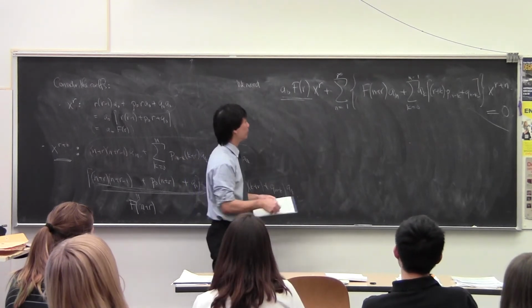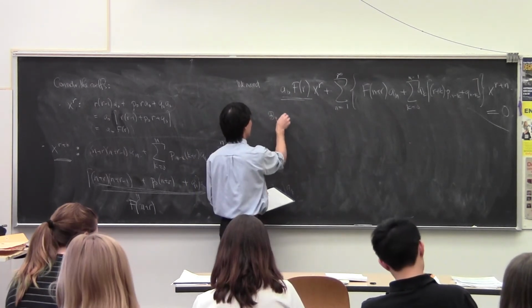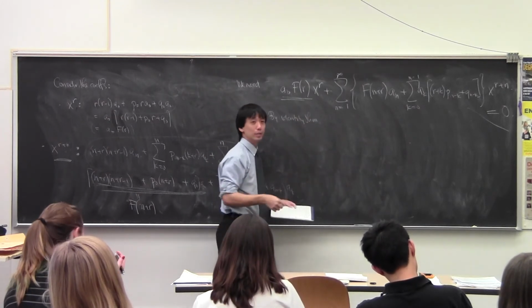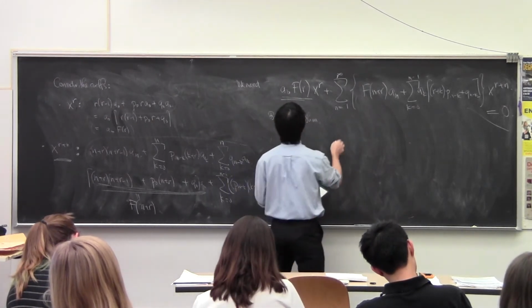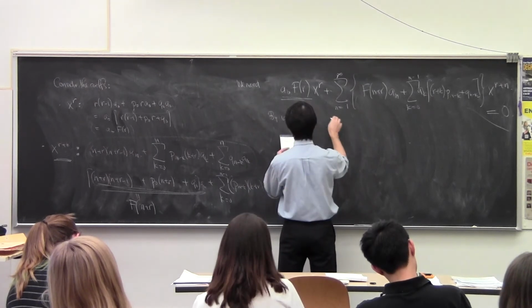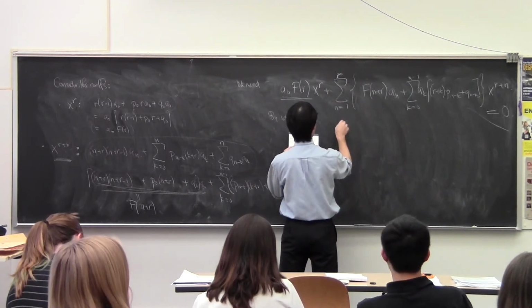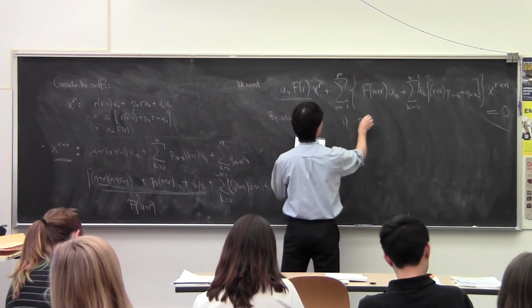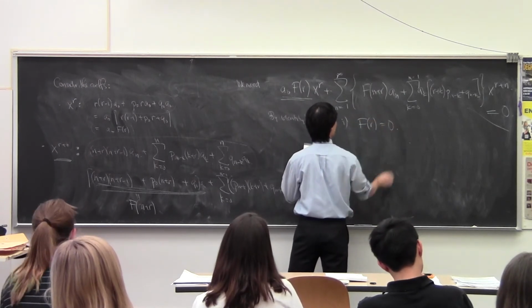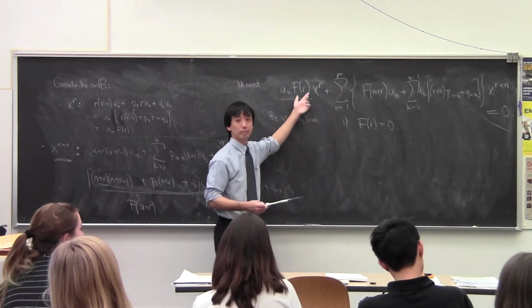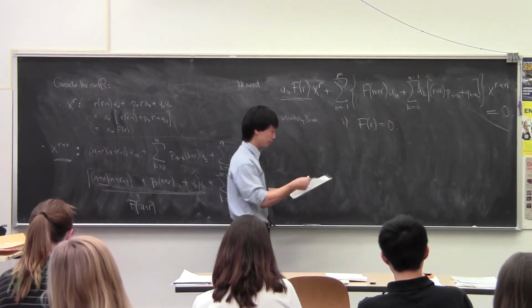And so again, now we say by the theorem, we know that each of the coefficients has to be equal to 0, right? So in particular, f of r must be 0.